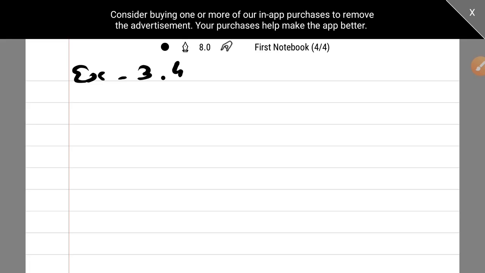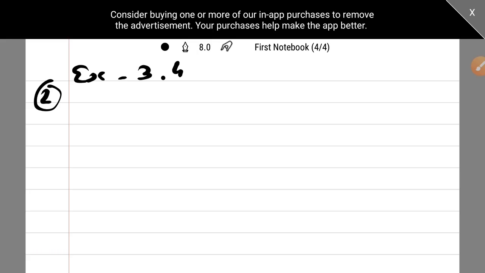In exercise 3.4, this is sum number 2. In this sum, actually there are many questions, but we'll be finding median. Other than median there are questions like you have to find Q3, D8, P62. We'll be doing this at a later part. Now we'll find median in this question.